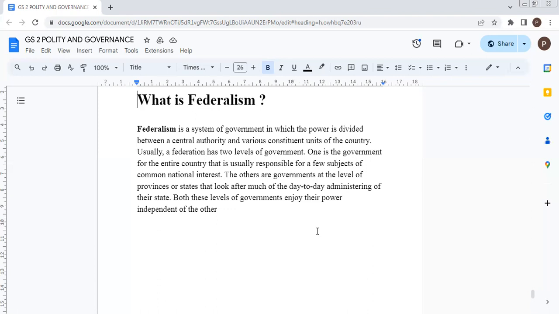So there is an agreement to deliver the power to that third party, and that is the true nature of federalism.